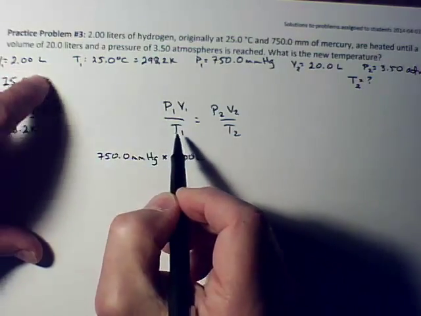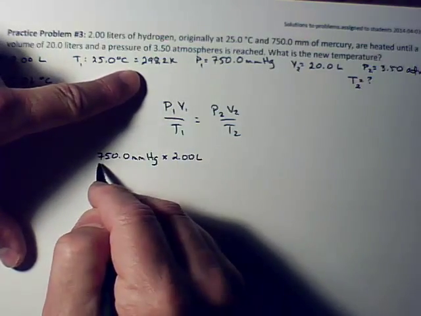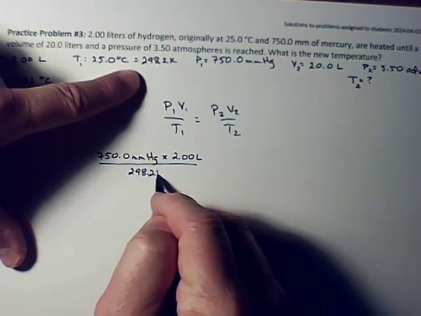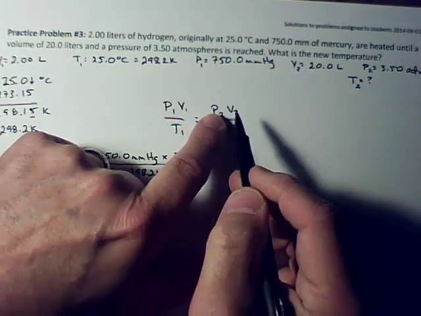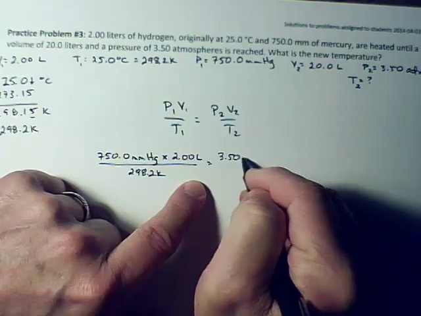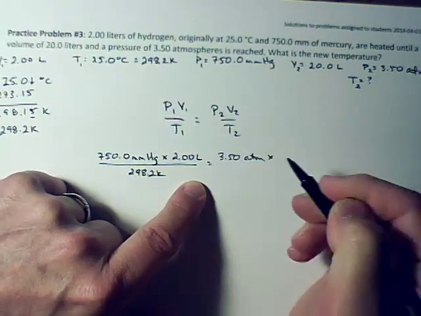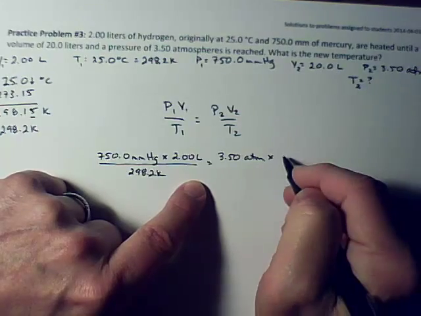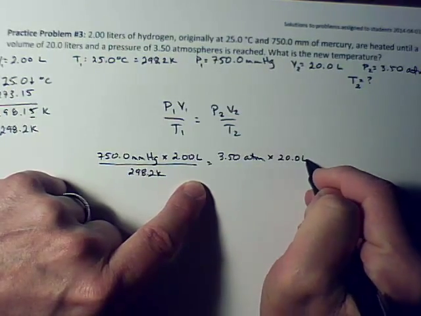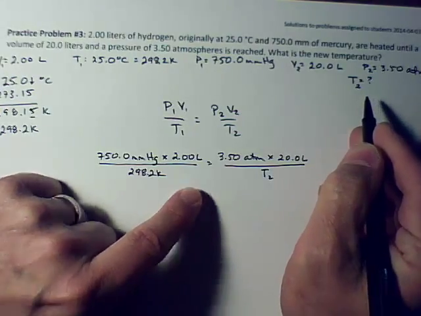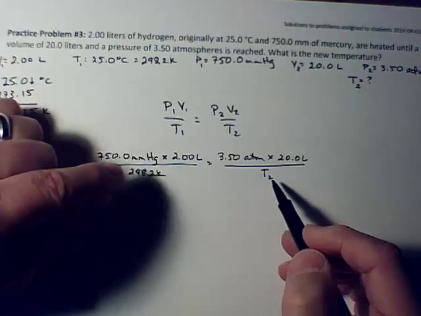And then temperature 1 is 298.2 K. And over on the right-hand side, P2 is 3.50 atmospheres times V2, which is 20 liters. And T2 is what we're trying to find. So what I want to do is get T2 by itself.